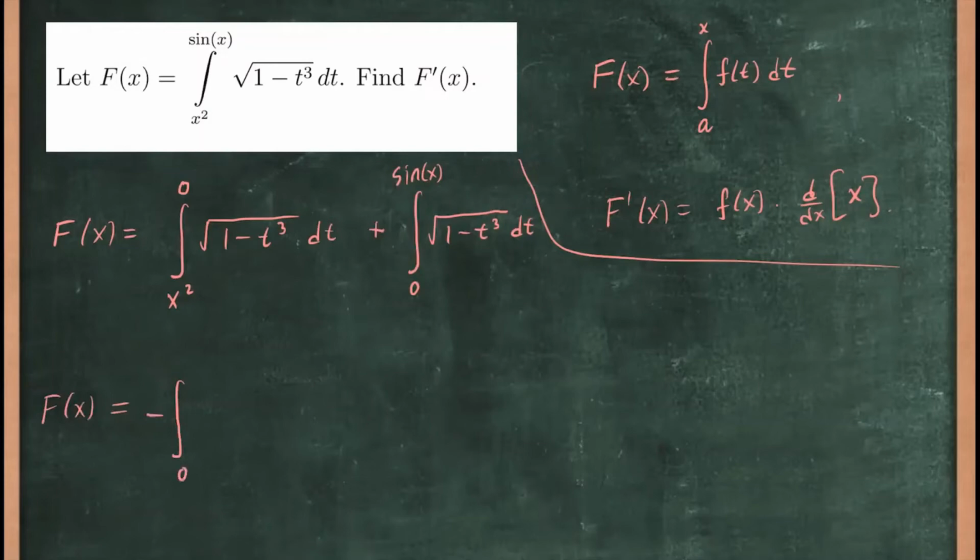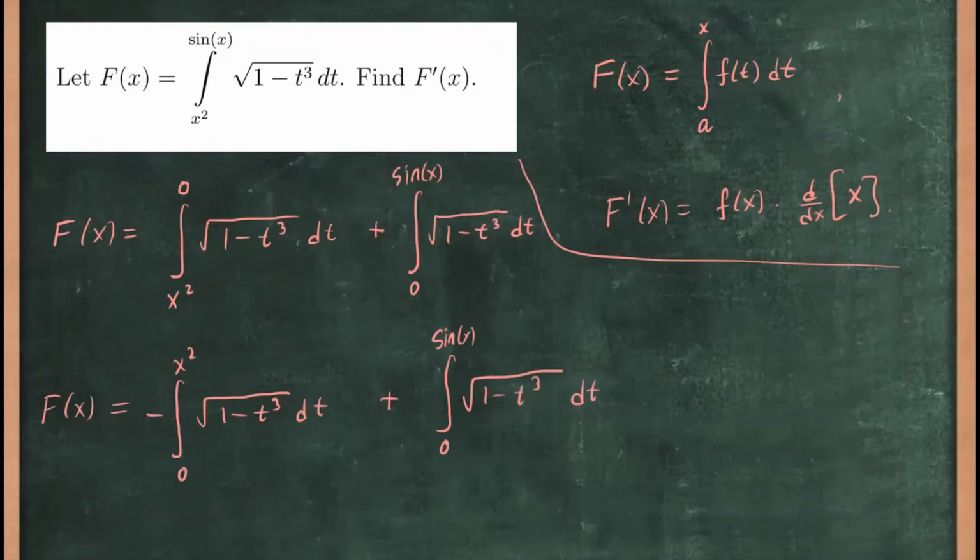So this is negative, from 0 to x squared of that same function, square root of 1 minus t cubed dt, plus, just rewriting the second piece, 0 to sine of x of square root of 1 minus t cubed dt. Now we're ready to take its derivative.